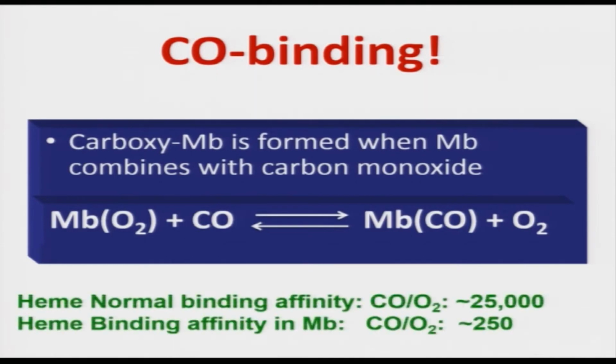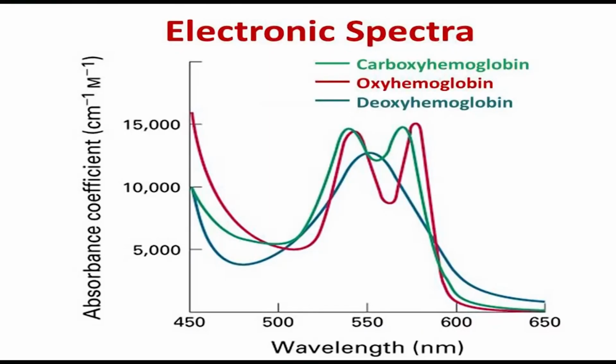So, carbon monoxide's binding affinity is much higher, and it immediately replaces dioxygen and forms carboxymyoglobin.